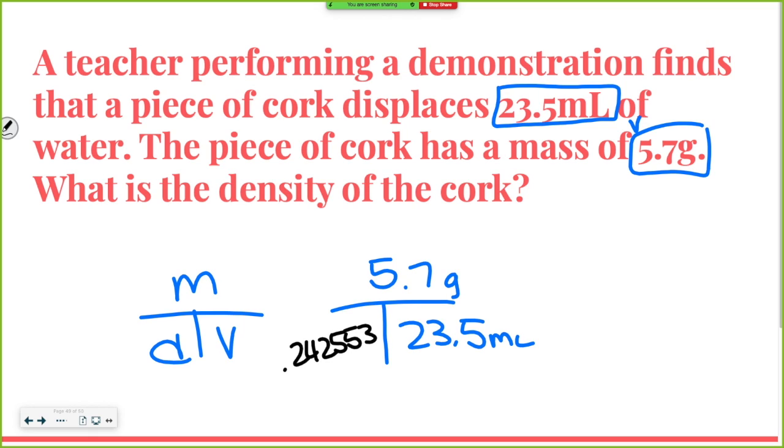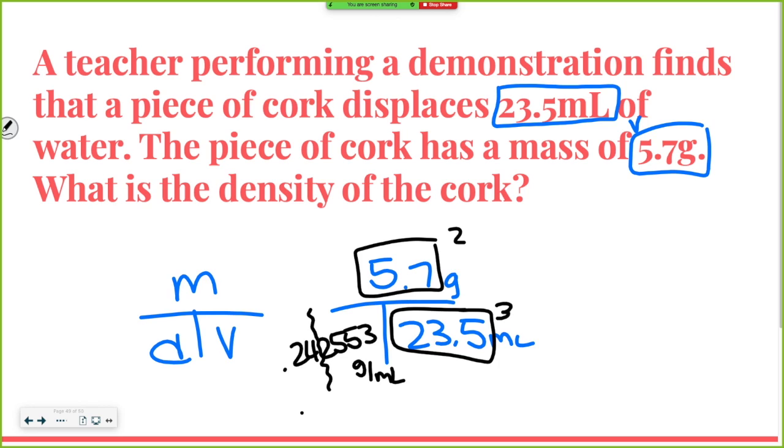All right, awesome. So that's grams per milliliter. Am I done yet? No. You have got to find our sig figs. So up here 2, down here 2. Great job. All right. So rounding it off to 2 sig figs, so 0.24, right? 4 or less, let it rest. Grams per milliliter equals my density.